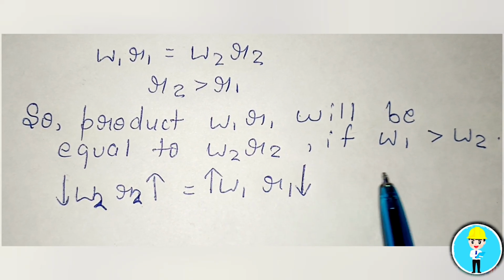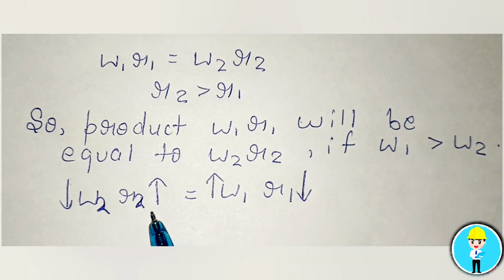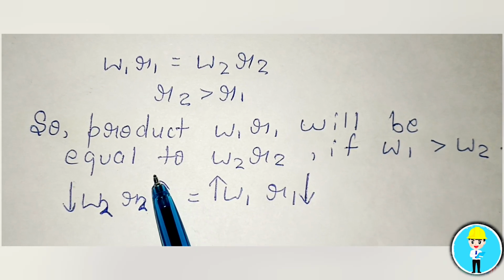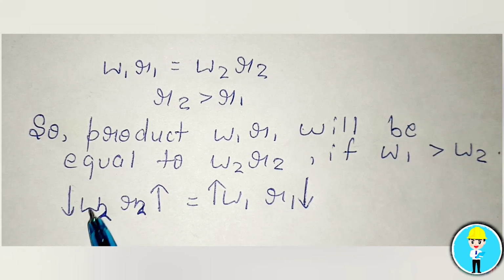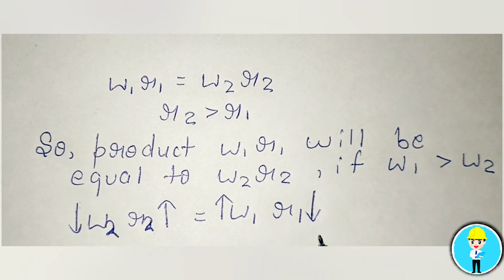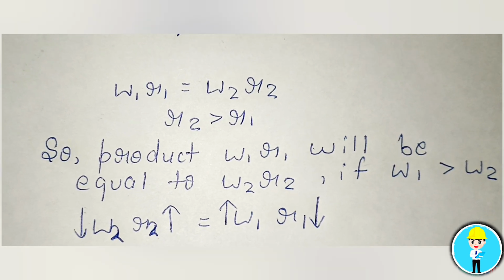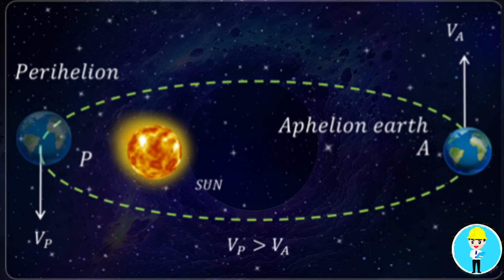For both sides to be equal for conservation of angular momentum, omega 1 has to be greater than omega 2, isn't it? Then only the product omega 1 r1 will be equal to omega 2 r2.